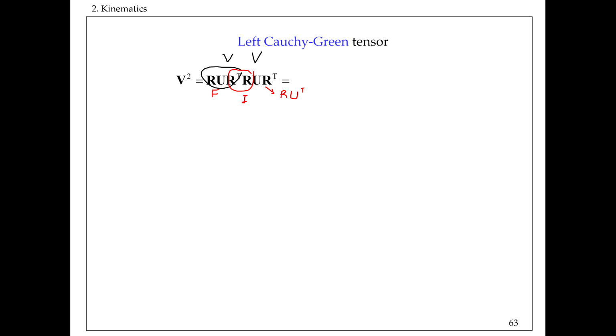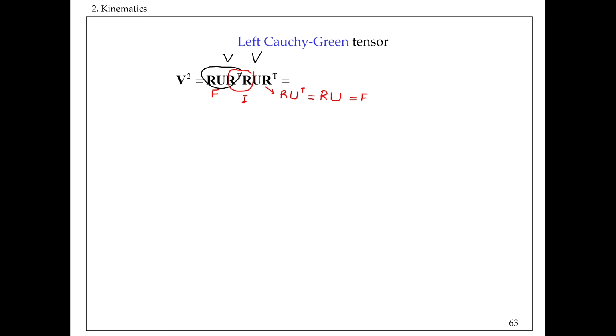If we transpose this whole thing, that will be RU transpose. But U transpose is also equal to U, because it's a symmetric tensor, and so we can say that this UR transposed, and then that will be RU is already convenient for us, F, right?